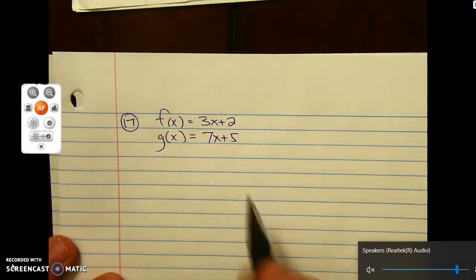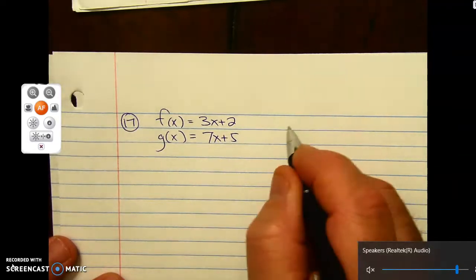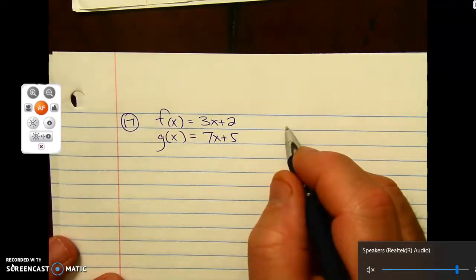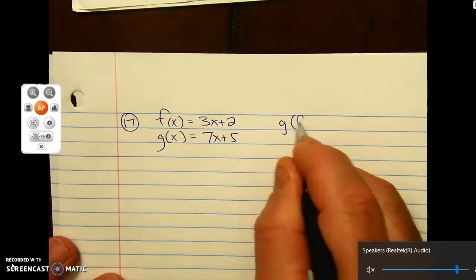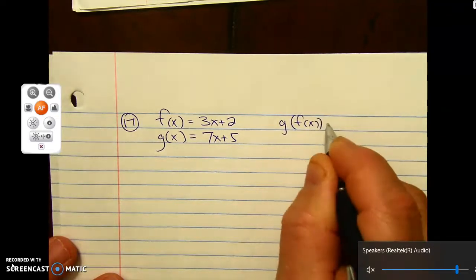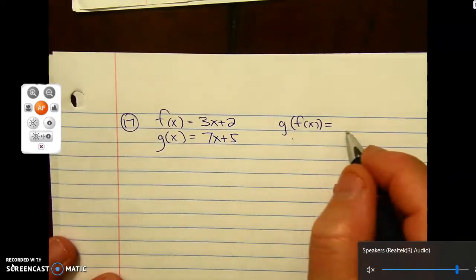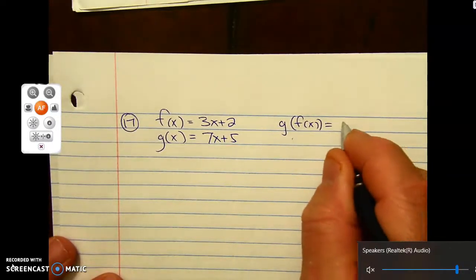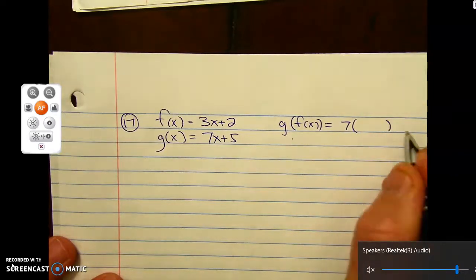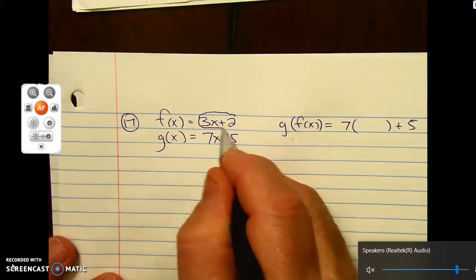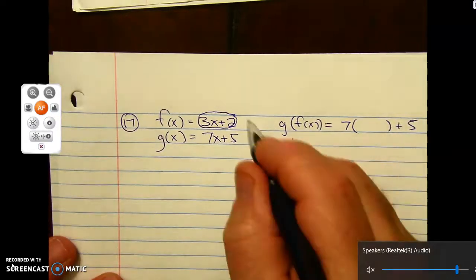All right, guys. First, I'm going to show you how to do g of f of x, and then I'll work out the actual problem that it's asking us to. But I wanted to remind you that g of f of x means take g and remove the variable and put f into g.